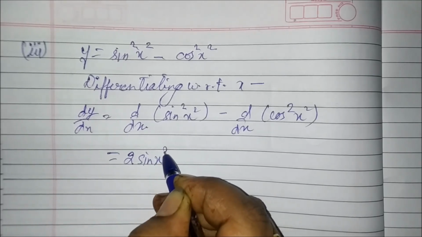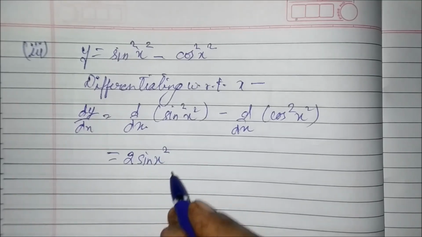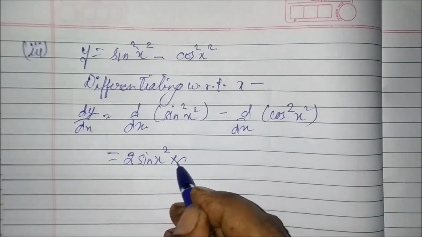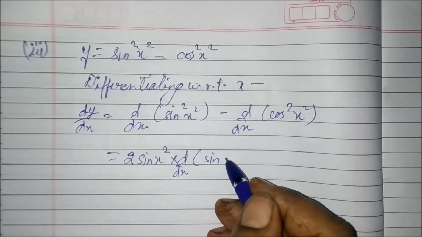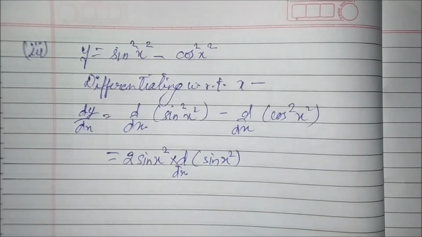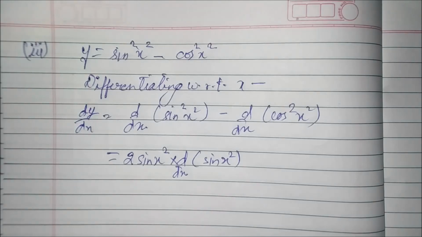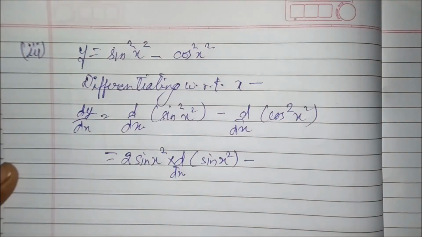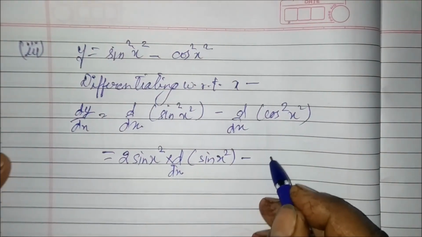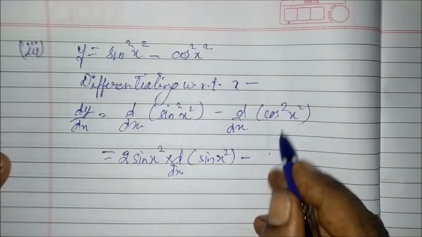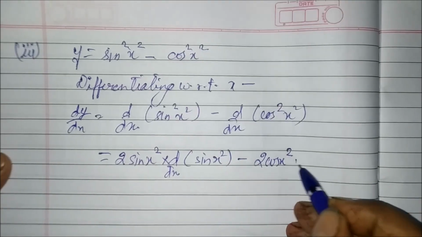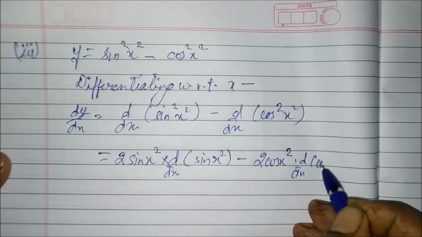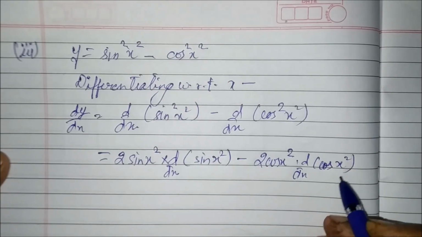sine x square into d by dx of sine x square, okay. In the same way we do here also, minus, here we have 2 cos of x square into d by dx of cos x square.